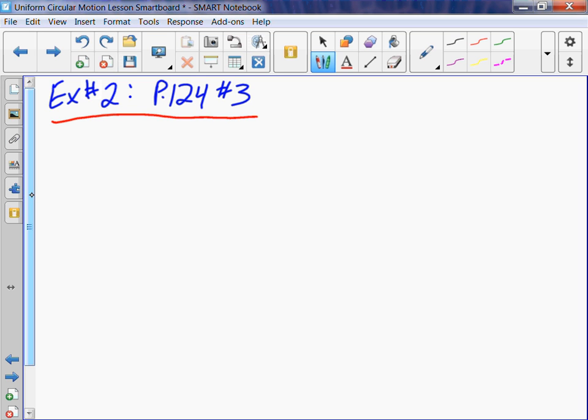Alright. An astronaut rotates at the end of a test machine whose arm has a length of 10 meters as shown in figure 8.14. If the acceleration she experiences must not exceed 5 Gs, what's the maximum number of revolutions per minute of the arm?